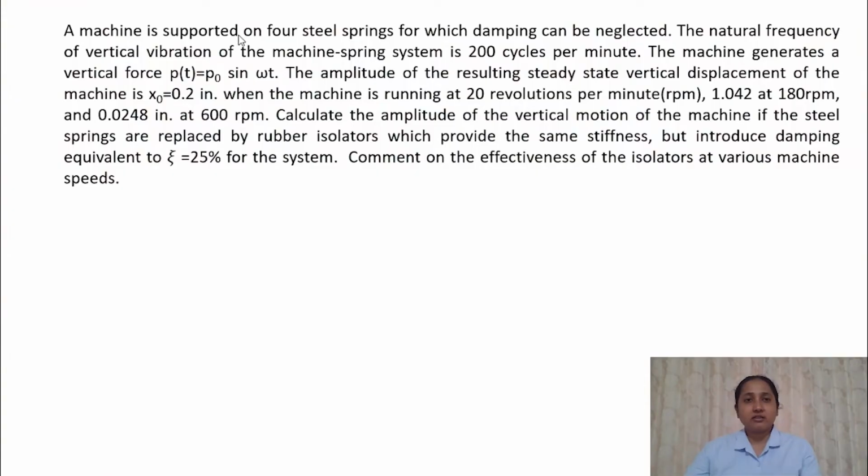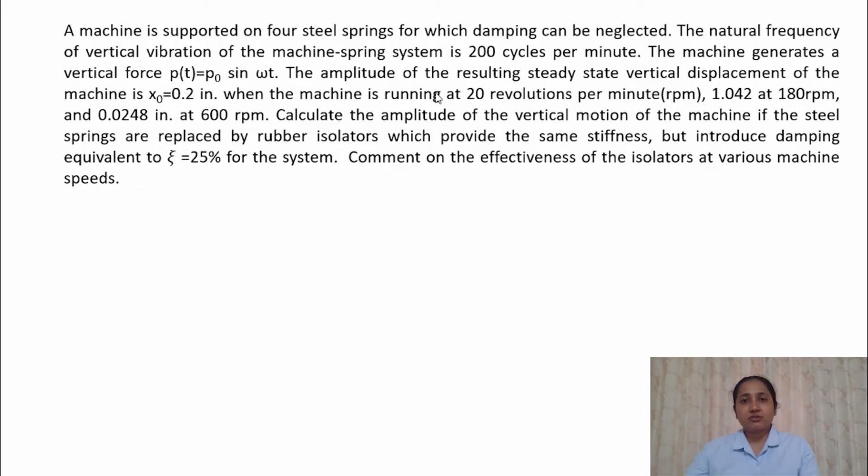A machine is supported on 4 steel springs for which damping can be neglected. The natural frequency of vertical vibration of the machine spring system is 200 cycles per minute. The machine generates a vertical harmonic force.